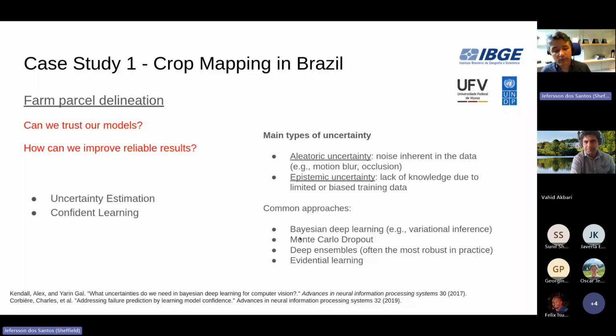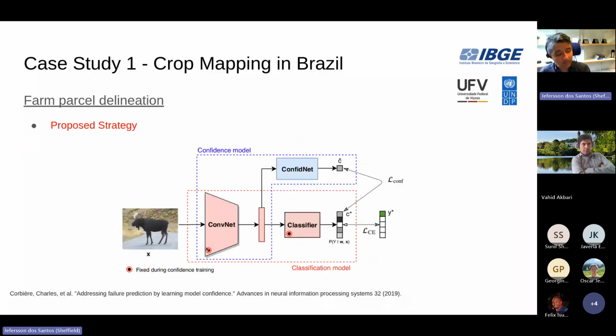Monte Carlo dropout is also a possibility. You can work with deep ensembles, which are robust for real world applications. And there are some papers also with evidential learning. So in this work, we decided to explore this method, which was proposed in 2019.